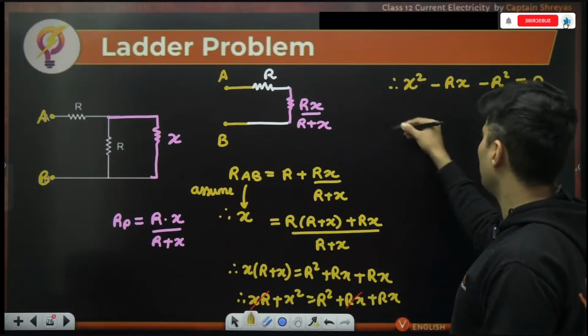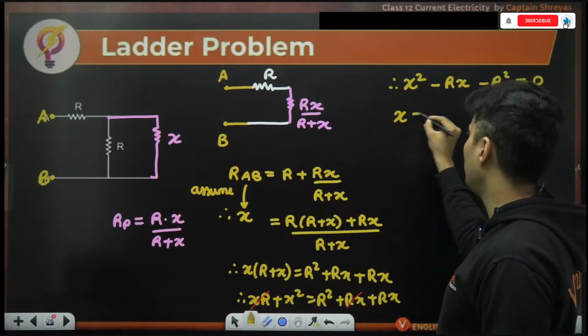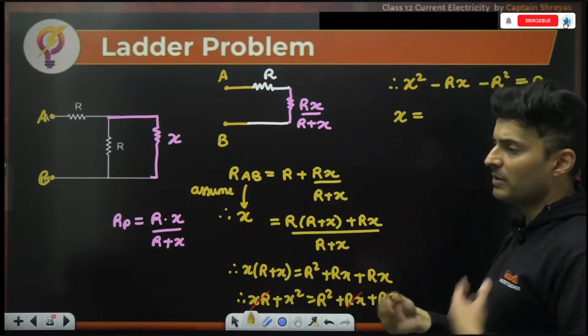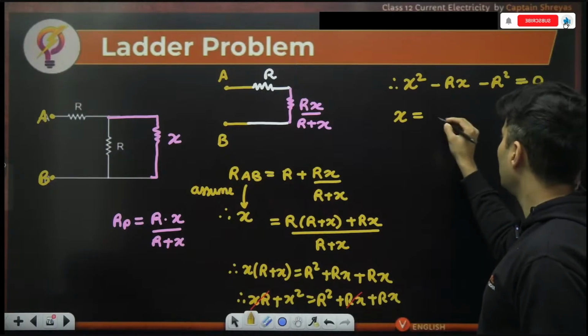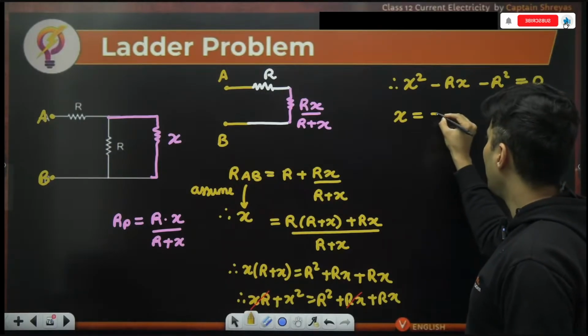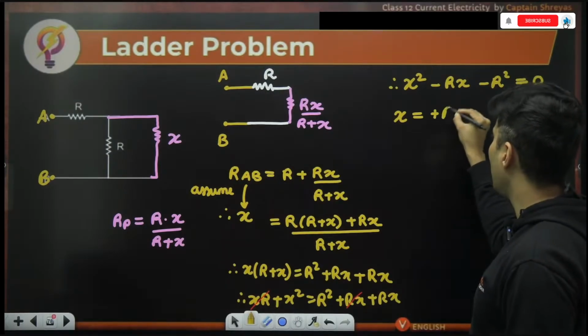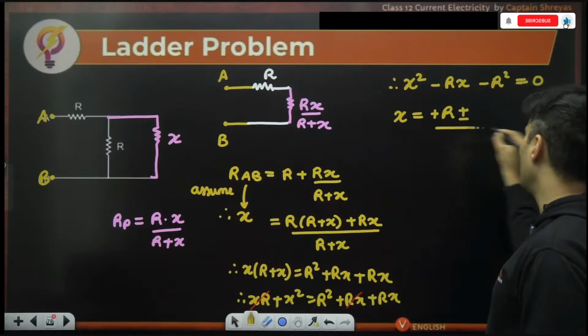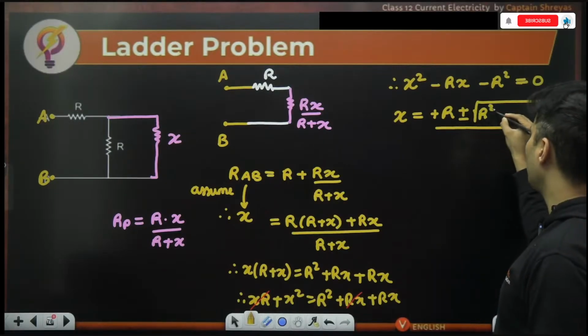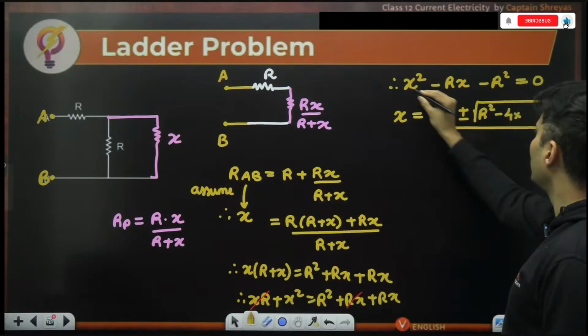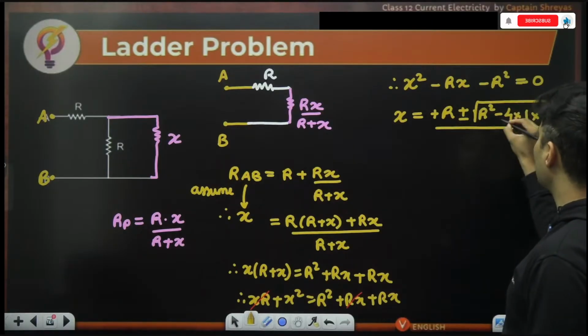Not a great route, so we just have to solve it by the regular formula, minus b plus minus root of discriminant, by 2a. So here minus b, which is minus of minus R, which is plus R, plus minus root of b square, which means R square, minus 4 into a, which is 1, into c, which is minus R square.